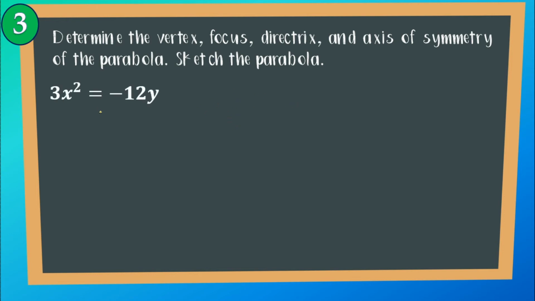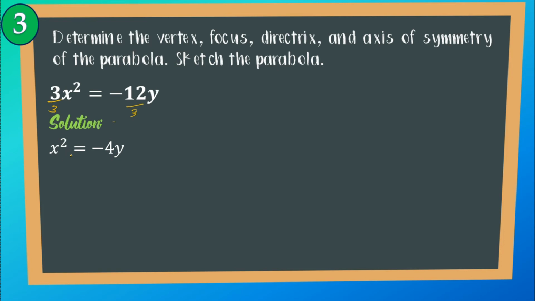So let's have example. 3x squared equals negative 12y. So gagawin natin dito first, we're going to make this into standard form. Solution natin, divide lang natin yung equation by 3 para yung left side, x squared na lang.